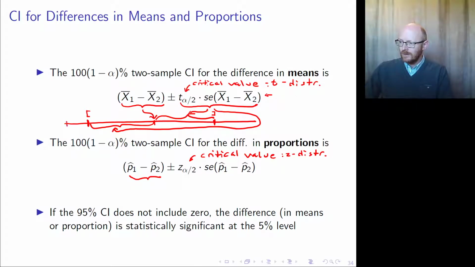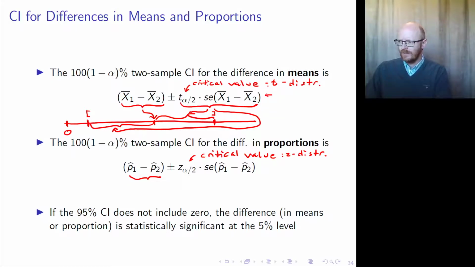So for example, if we have 0 here, then you know that with 95% confidence, your true value for this difference is somewhere in this confidence interval, and if the confidence interval does not include 0, then you're statistically quite certain that the difference in means or proportions is different from 0.